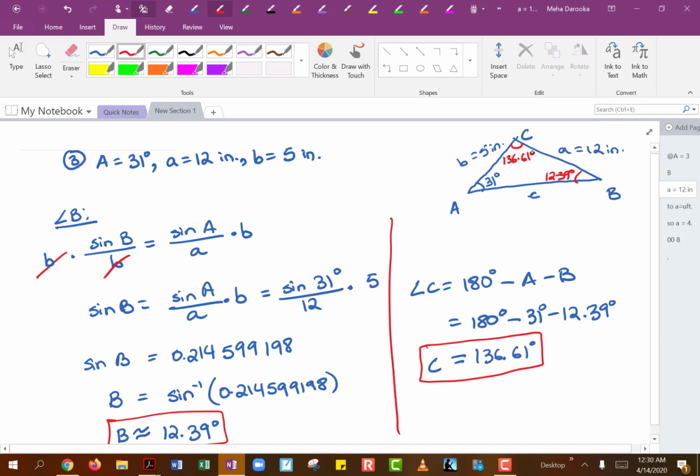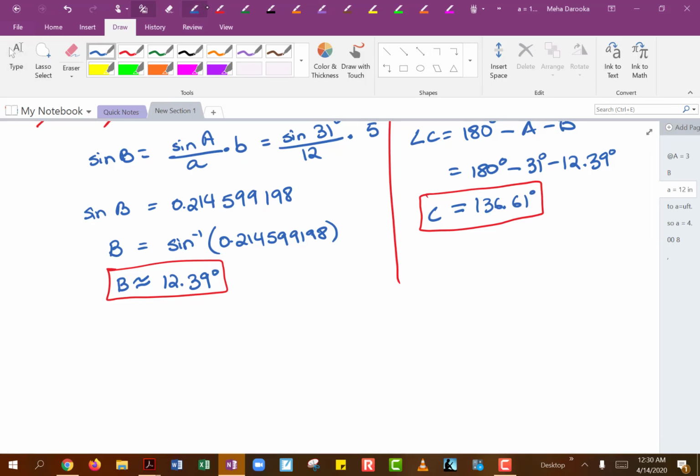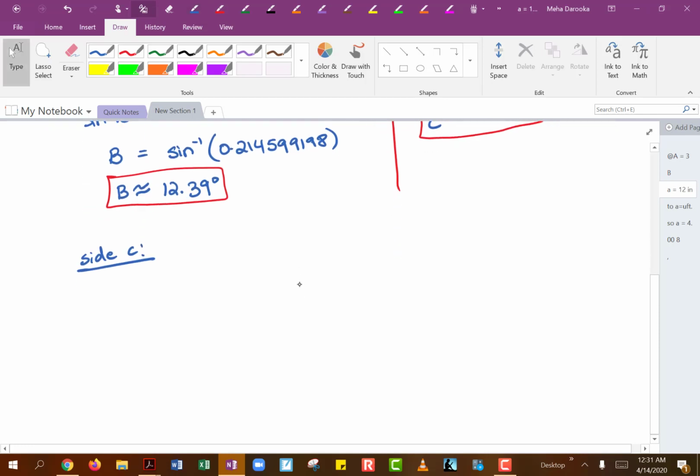All we have to do now is find our missing side C. So for side C, we will use law of sines here again.